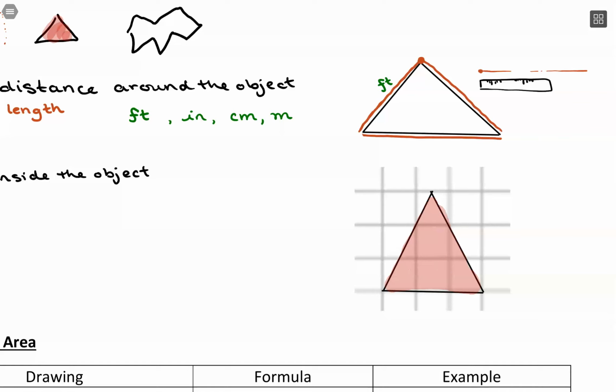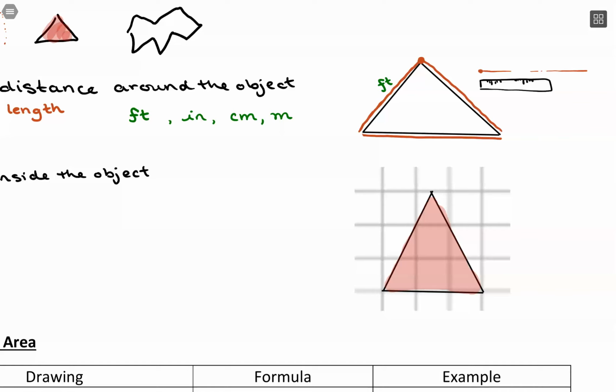And with that, we'll have formulas instead of actually counting squares, but that's what it comes down to, figuring out how many squares can fit inside. Now if we're using squares to count, and it depends on the units that we're using, I'd have however many square units.